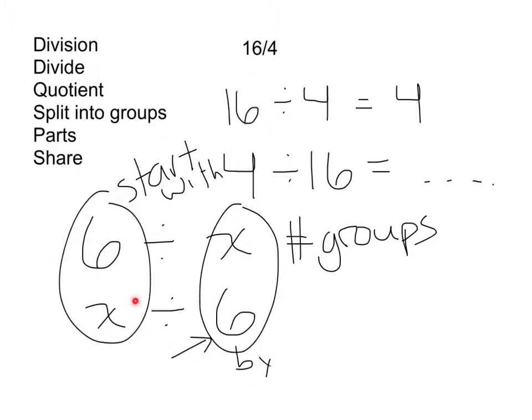You take a large number, you divide it into groups, and you get smaller numbers. But now with integers and decimals that you're going to be doing, that's not always the case, so you need to know the language of division. A number divided by 6. 6 divided by a number.